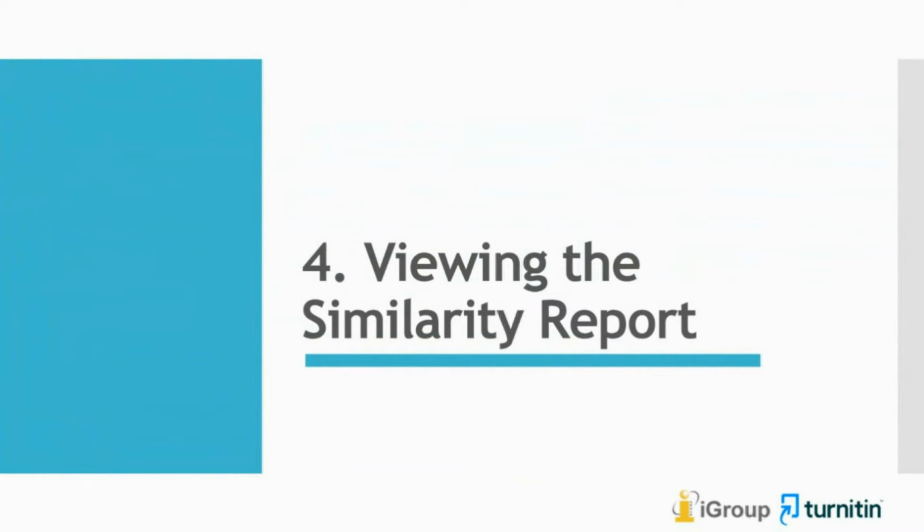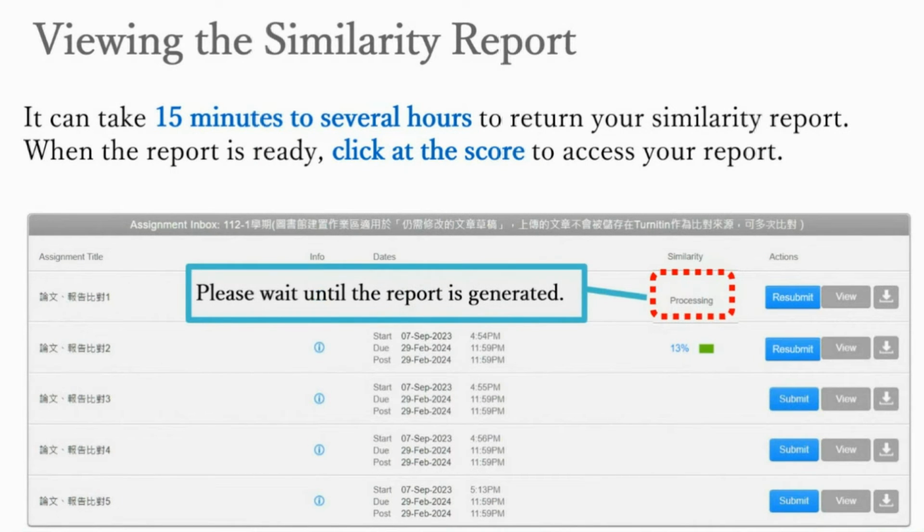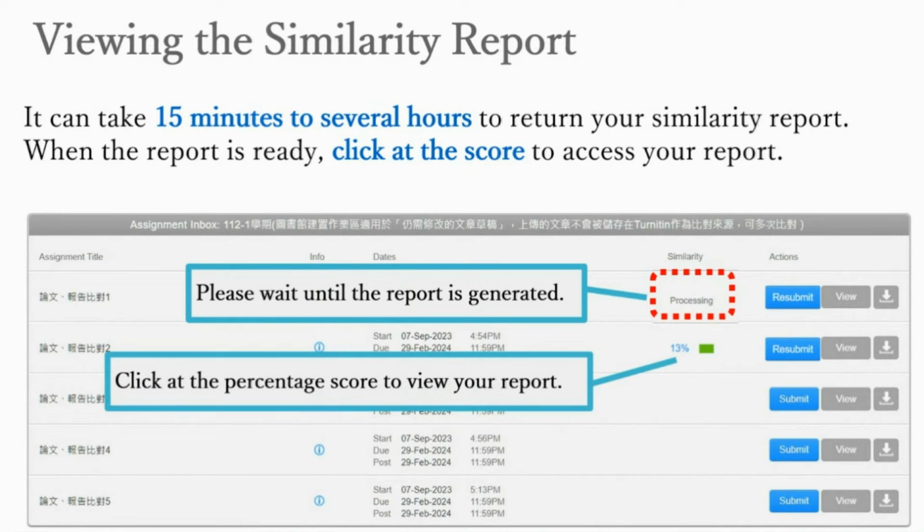Okay, we are going to the next part, viewing the Similarity Report. In your assignment page, find the paper you just submitted. Where the report is generated, you can see the similarity column turn to a percentage with a color tag.